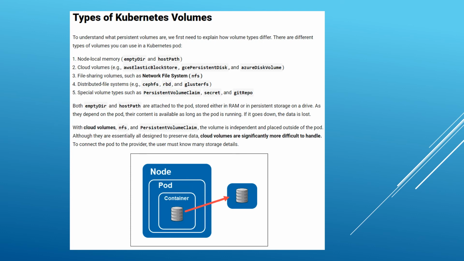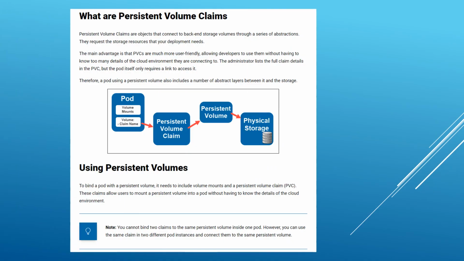You need to mention all those volume details in your deployment file, so that it will attach to your pod whenever the pod gets reinitialized or started. Here is a picture of how it is interlinked with the physical storage.